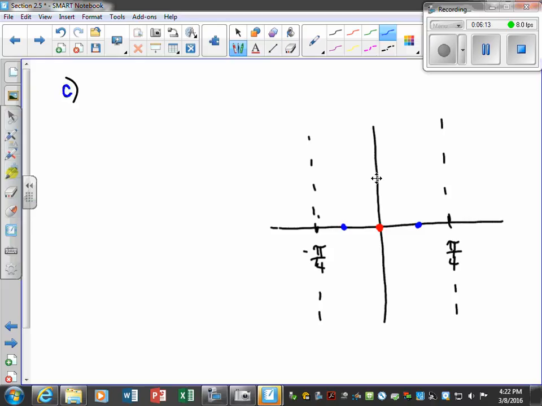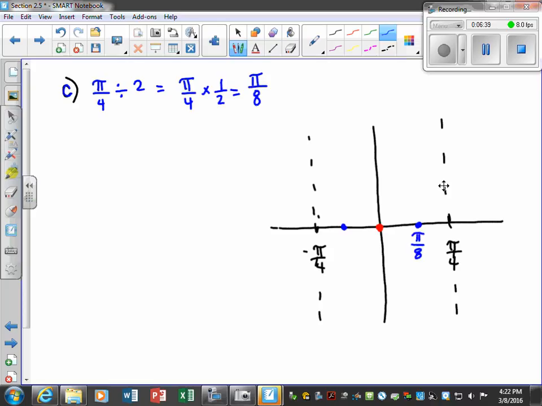And one way we can do that is if I go from 0 to pi fourths and take half of that, so I can just divide pi fourths by 2, which is the same thing as multiplying by the reciprocal, so that puts me at pi eighths. So pi eighths is here.